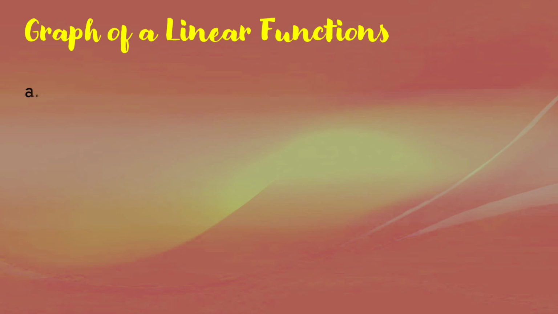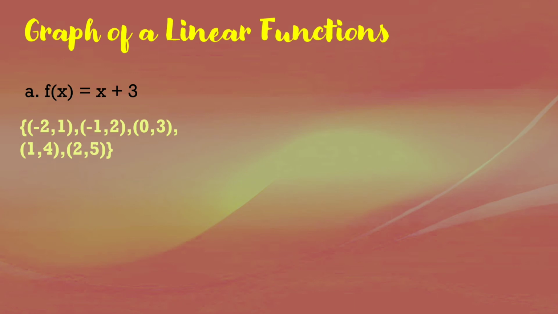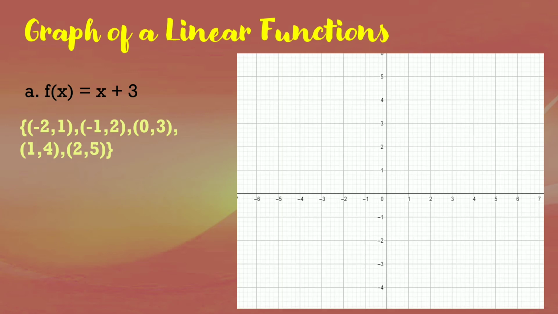So, tingnan natin. We have letter A, f of x equals x plus 3. Ito yung mga ordered pairs: negative 2, 1; negative 1, 2; 0, 3; 1, 4; 2, 5. So, i-graph natin siya. Sa negative 2, 1, nasa quadrant 2. Negative 2 ang ating x value at 1 ang ating y value.